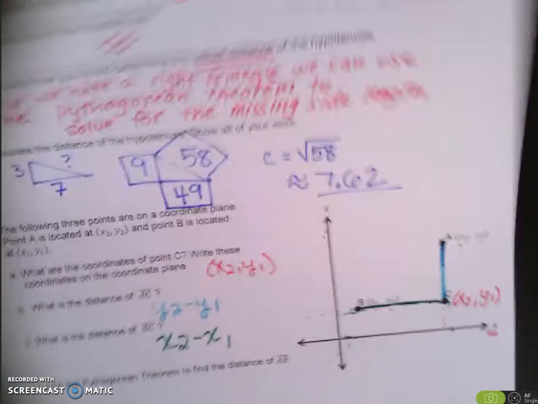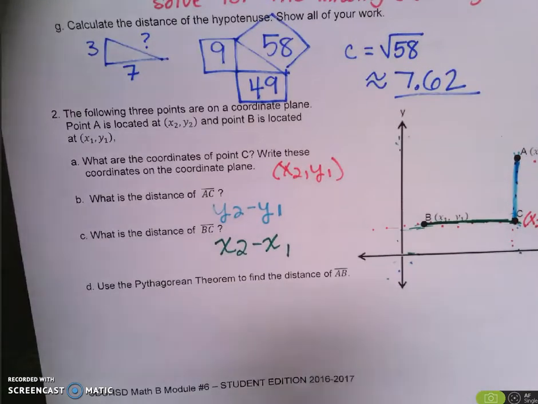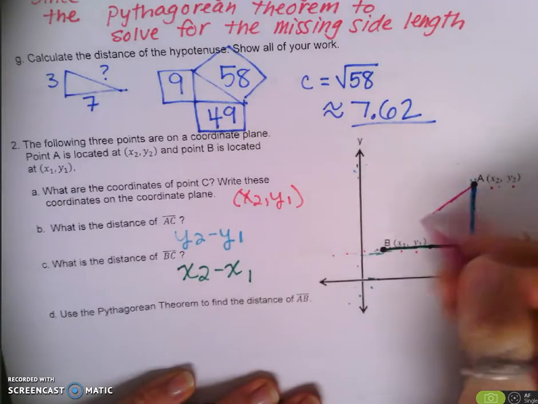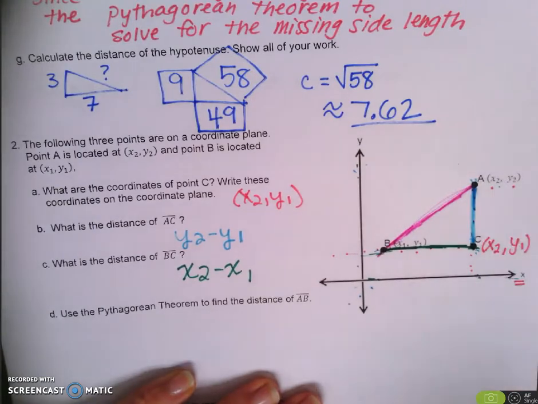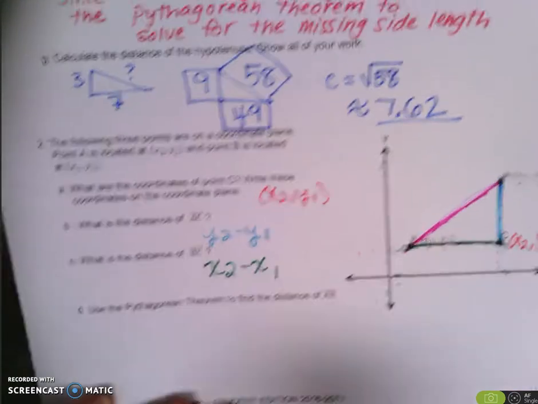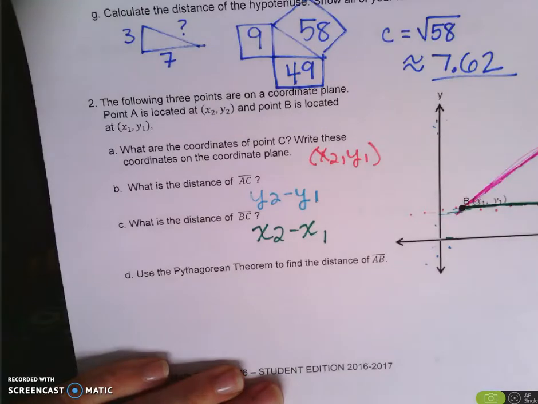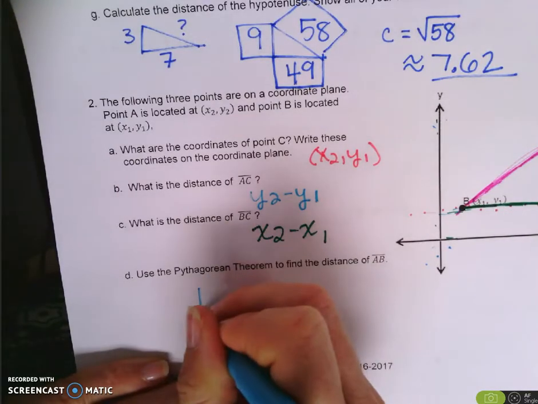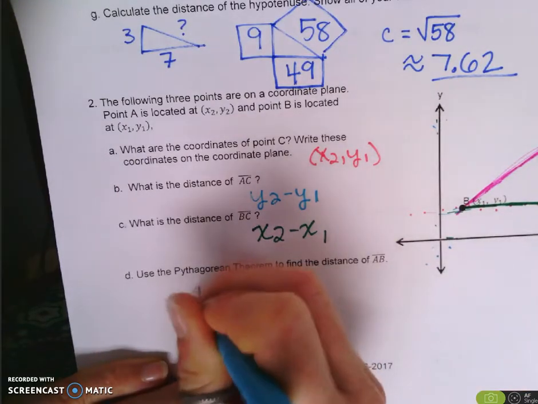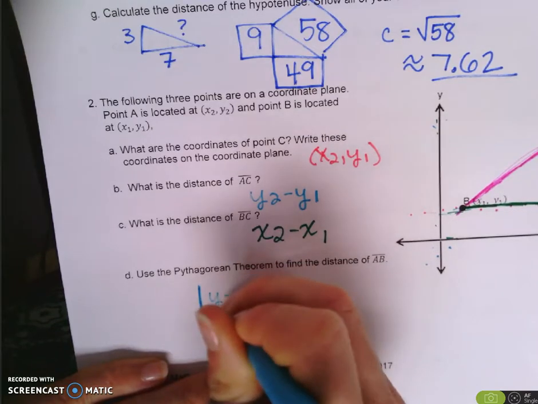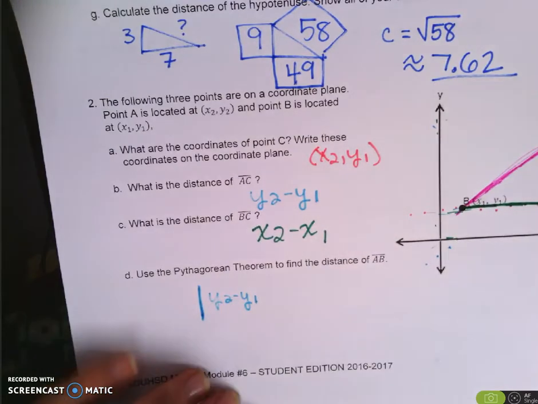So we're going to now use the Pythagorean Theorem to find the distance of segment AB. So we're going to be finding this distance here, AB. Well, let's redraw our triangle. So we have our height of our triangle, y2 minus y1.